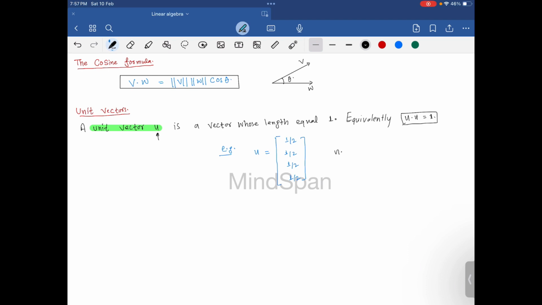So let's do that. 1 by 2, 1 by 2, 1 by 2, and 1 by 2 dotted with itself gives (1/2) square plus (1/2) square plus (1/2) square plus (1/2) square, and when you carry out the calculation, you will get 1.